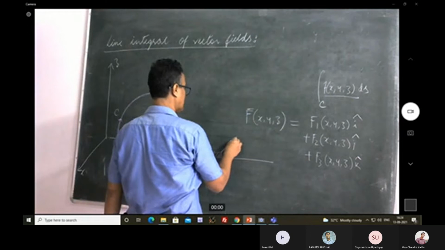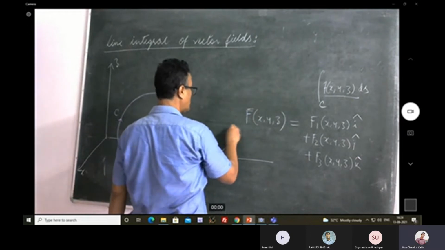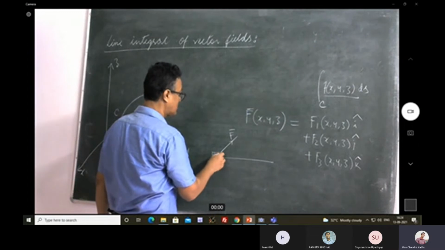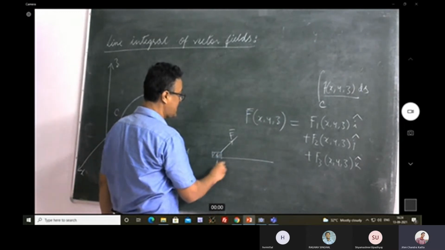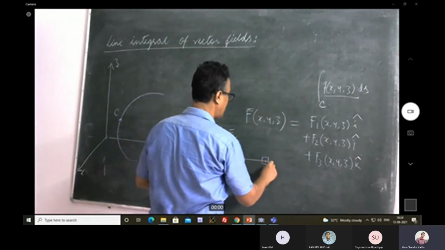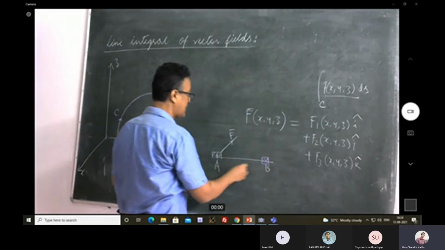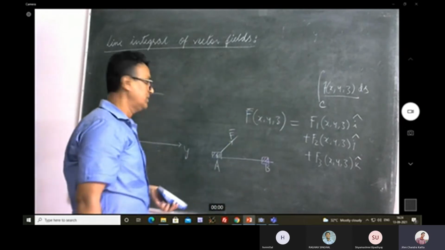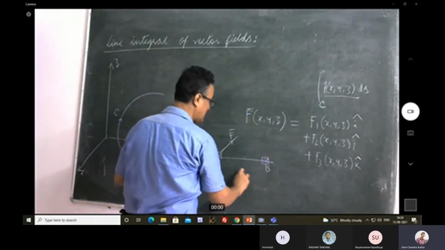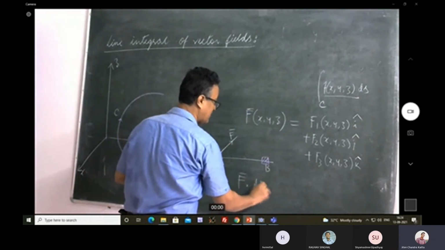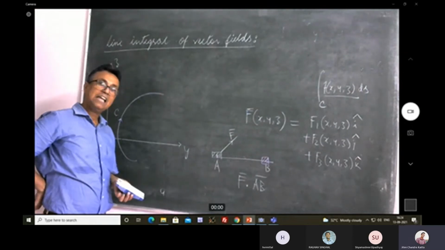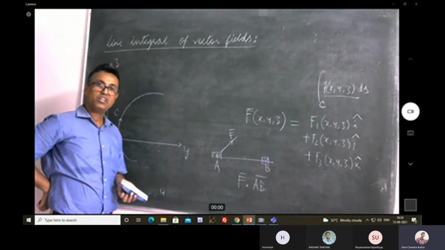Suppose this is the force, and it moves an object from the point A to the point B along a straight line. Then the work done by the force is simply the dot product of the force and the displacement vector. Is it okay?